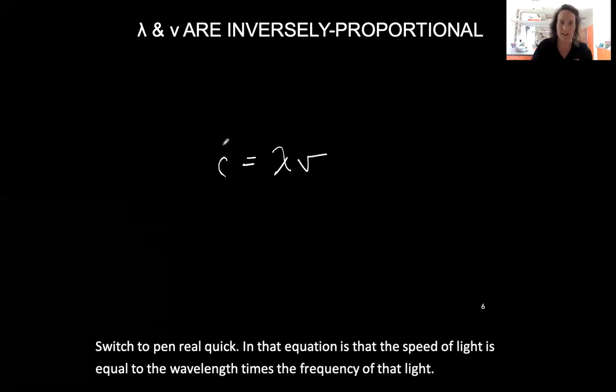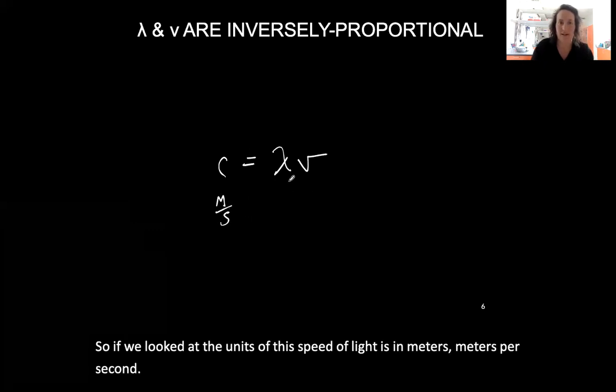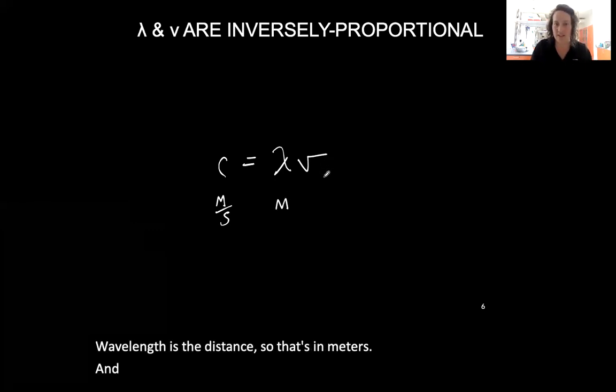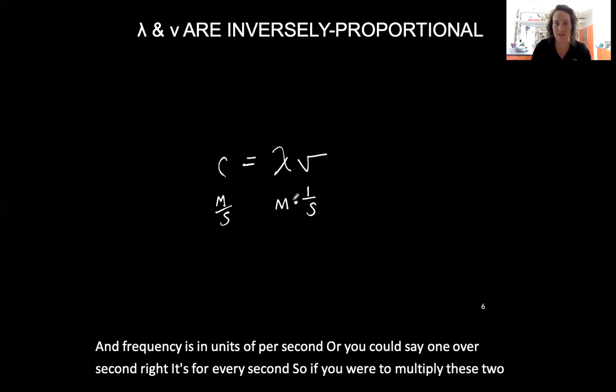So if we looked at the units of this, speed of light is in meters per second. Wavelength is a distance, so that's in meters. And frequency is in units of per second, or you could say 1/second, right? It's per every second.